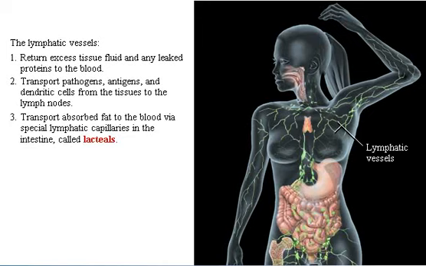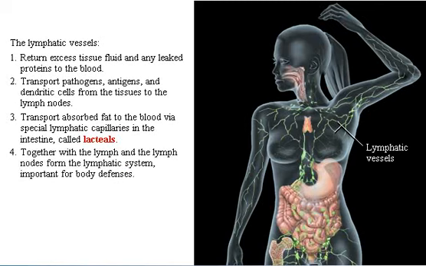A third function, one that we have not yet discussed, is carried out by special lymphatics of the digestive system called lacteals, which transport fats absorbed from the intestine into the blood. Finally, lymph vessels, together with the lymph and lymph nodes, form the lymphatic system, which plays an important role in the body's defenses. We will now examine the structure of the lymphoid organs and tissues, starting with the lymph nodes.